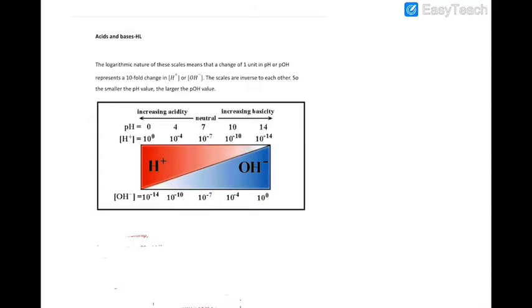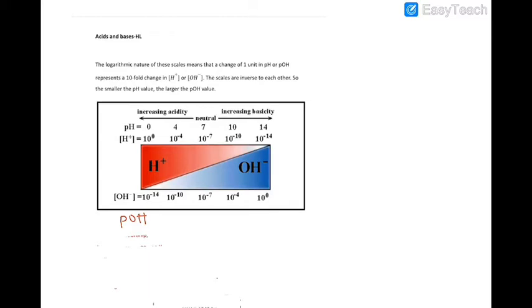Now pH and pOH, they are inverse scales of each other. Just like pH is a scale which shows acidity of a solution, that is concentration of H plus in a solution, pOH is a scale that shows concentration of OH minus in a solution, and it's inverse to the pH scale.